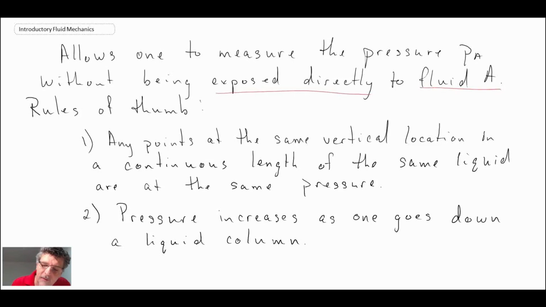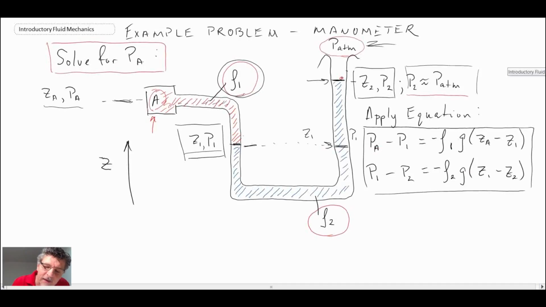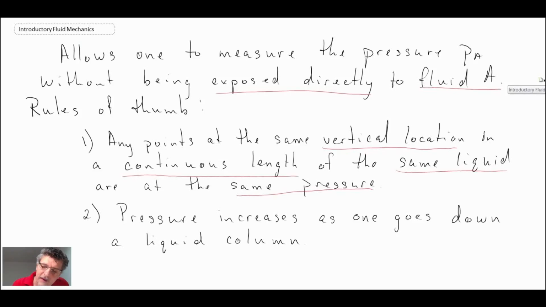It says that any points at the same vertical location in a continuous length of the same liquid are at the same pressure. So if we look back at our schematic, that is what enabled us to do this jump across here. We have a continuous liquid going between those two locations, and consequently that was how we were able to do that. The other one is that pressure increases as one goes down a liquid column.